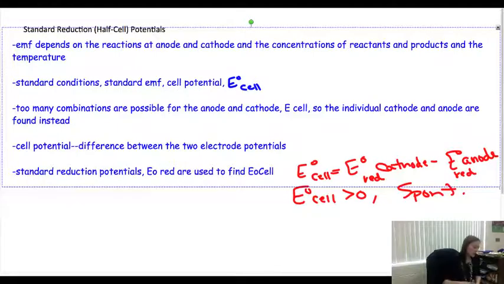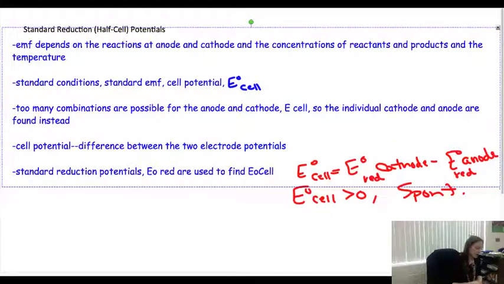Okay, it's not possible to measure every half cell directly, so every cell has 2 half reactions. We use a reference, which is called an SHE, that is a standard hydrogen electrode. That is what we call a 0 voltage, because it's kind of like you're picking where you're going to start from. So we picked hydrogen as the 0 point, the starting point, and everything else is based off of that.